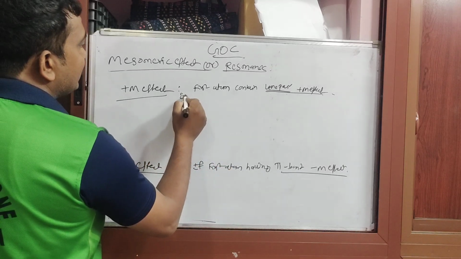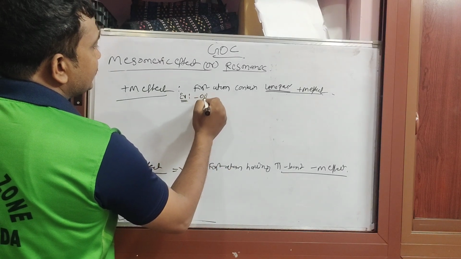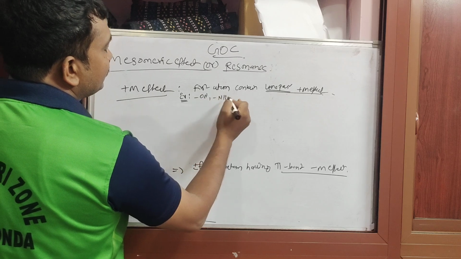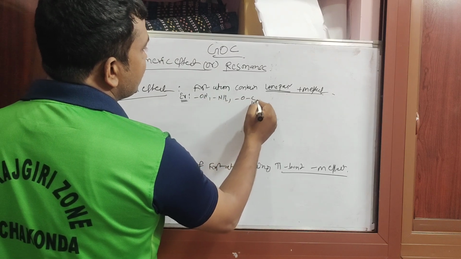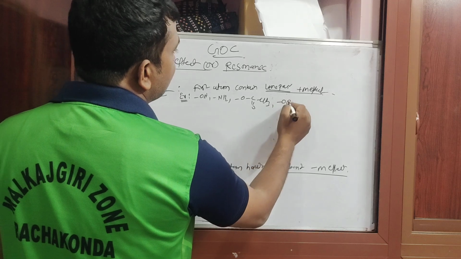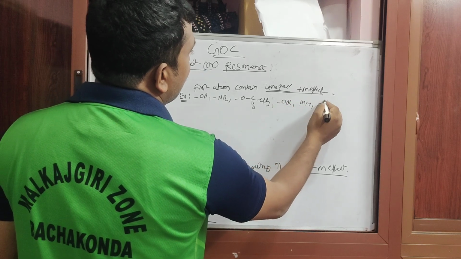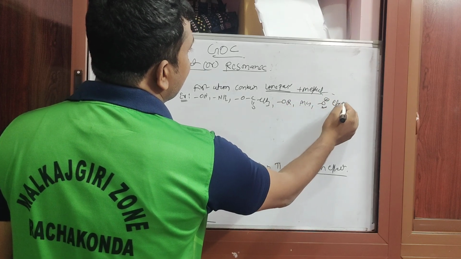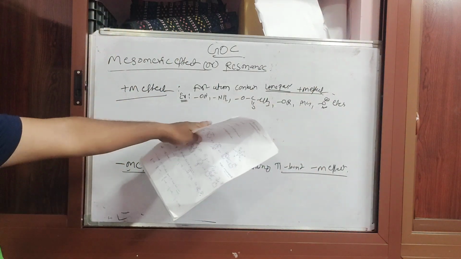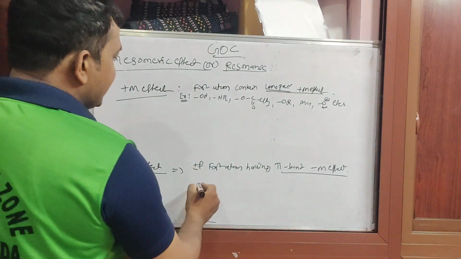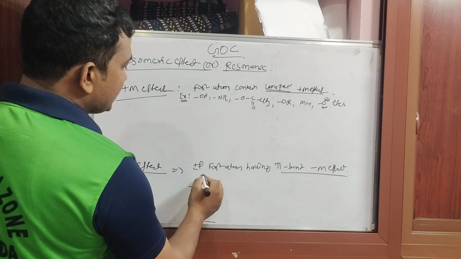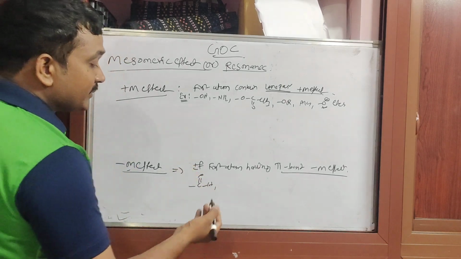For example, OH, NH2, OCH3, OR, alkyl, O minus, etc. These are some of the plus M effect groups.